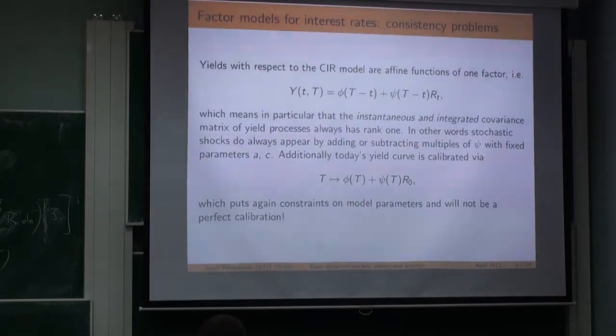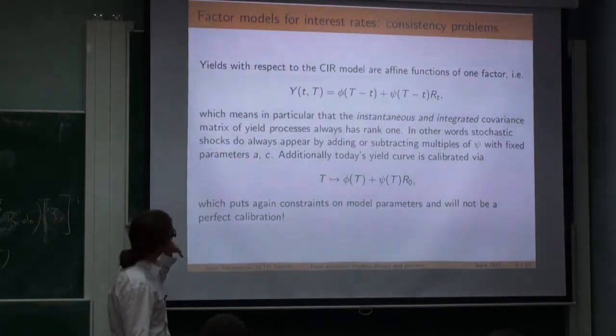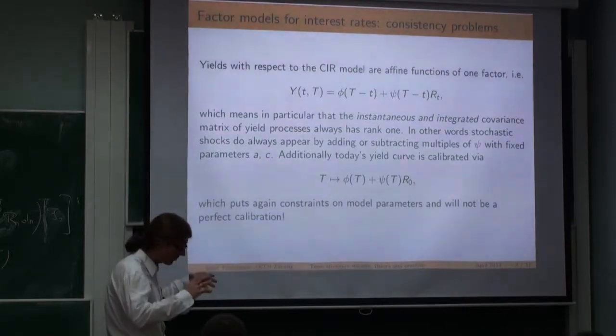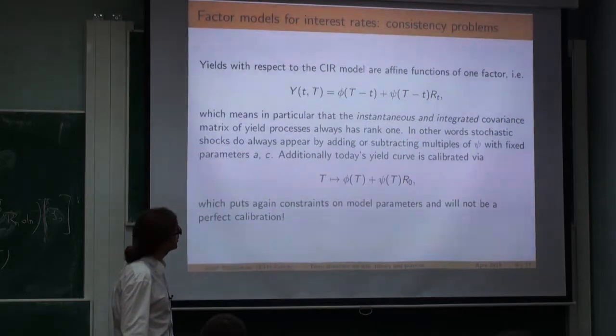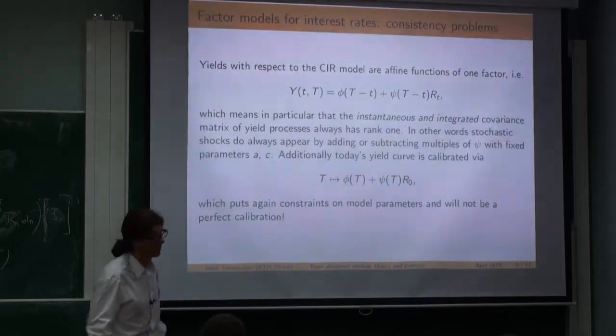Why does the problem come, or why do we have that problem? Because we start with this process RT, and we impose right from the beginning that everything is somehow explained by this low-dimensional factor process. So there's a very ad hoc approach.